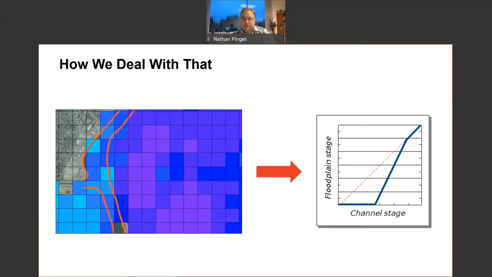So through a series of multiple steps of routing an event through the system, breaking the levee, looking at the amount of volume through that breach that enters the floodplain, and computing a water surface elevation, we can develop a channel water surface elevation relationship for each of the index points for each of the impact areas that I had shown before.